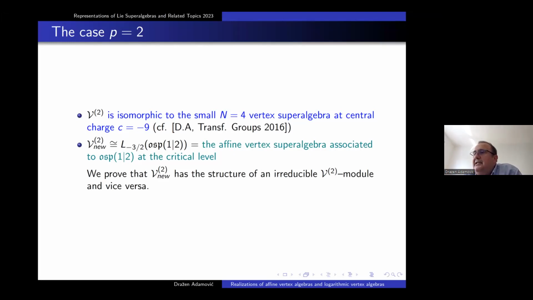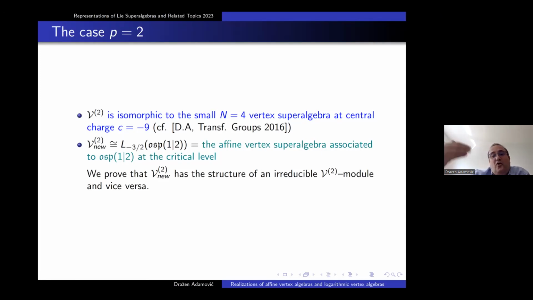This is one N equals 4 algebra, which also appears in physics theory these days, in the relation between some physics theory and vertex algebras. But for us, it's more important that this V2 nu is just OSP at the critical level.